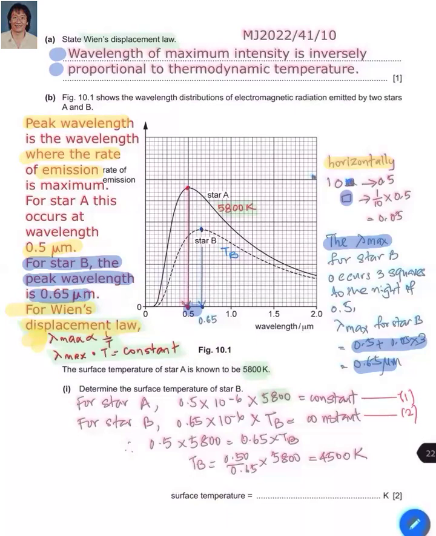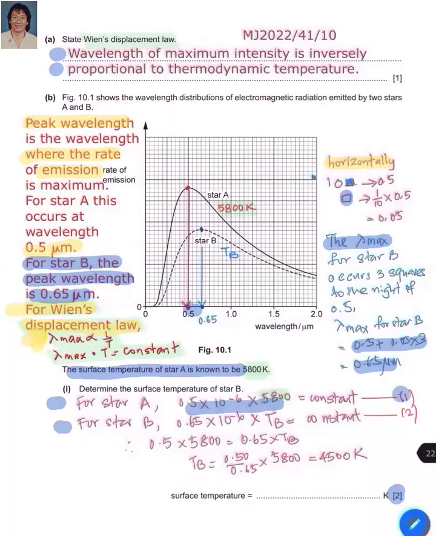Then we know that the surface temperature of star A is 5,800 Kelvin. Determine the surface temperature of star B. We let the surface temperature of star B be TB. To do this question, which carries 2 marks, we write down 2 equations. For star A, 0.5 times 10^-6 times 5,800 equals a constant. That's equation number 1.